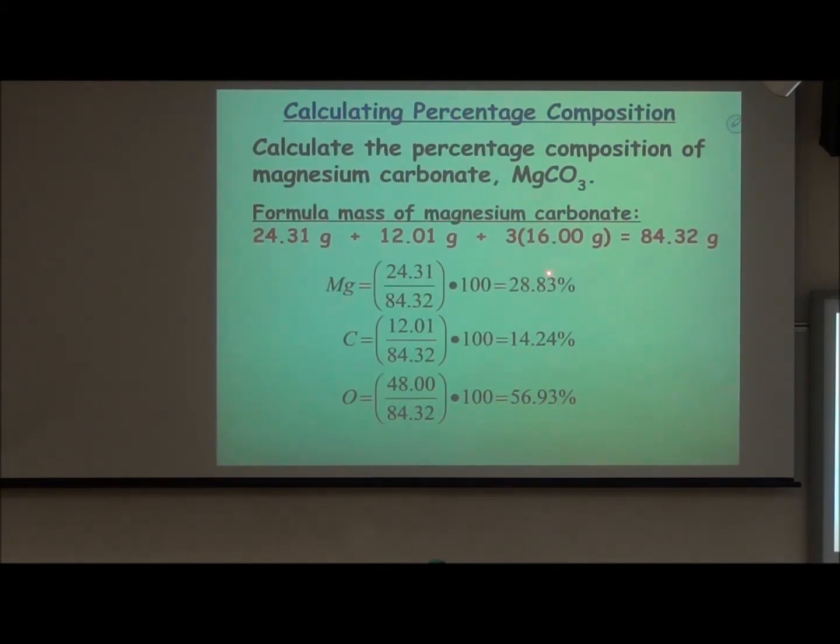And of course, when we add all these up, since it's the percentages of the whole, it's 100% of the whole thing. So all these percentages should add up to 100. If you're using several significant figures in your calculations, you're going to end up with 100, or at least much closer to 100 than you will if you're doing a lot of rounding.